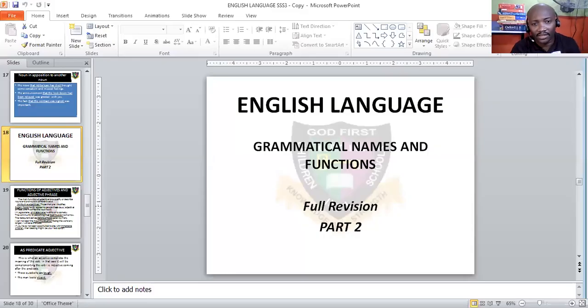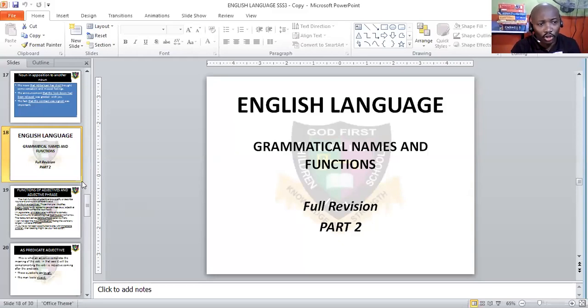I also believe you remember those classes of verbs listed that could make a sentence a clause instead of a phrase: the primary auxiliary, the modal auxiliary, the lexical verb, among others. Today, we're going to be launching into yet another discussion of grammatical names and function. And that is part 2 of what we've started.